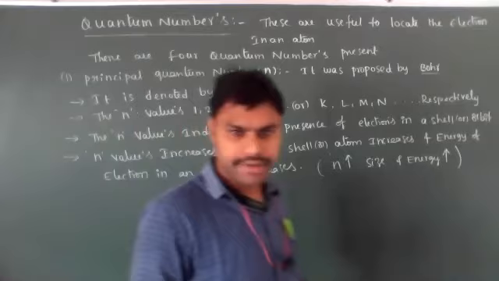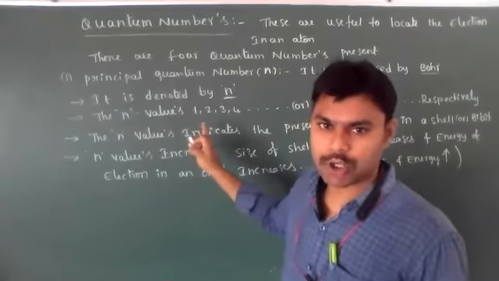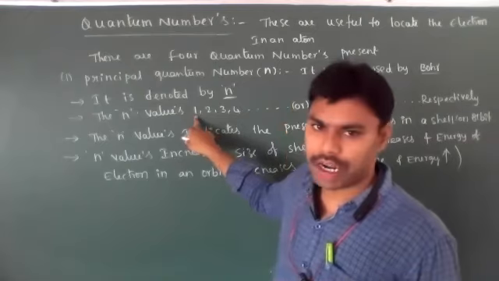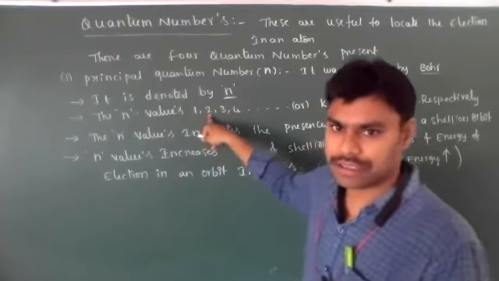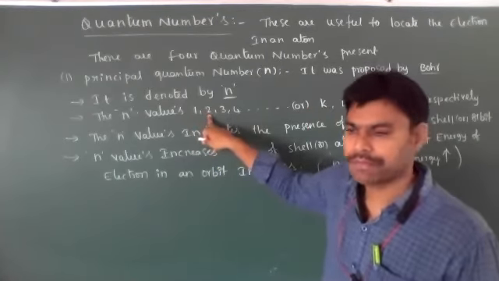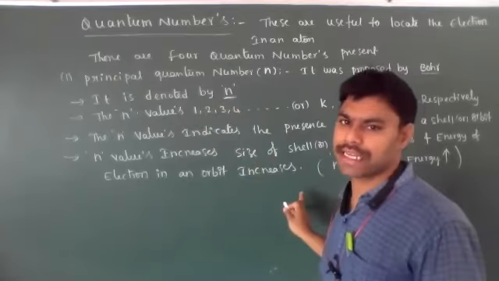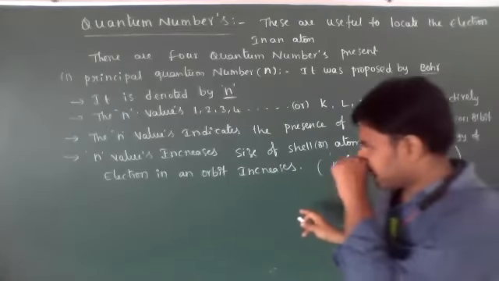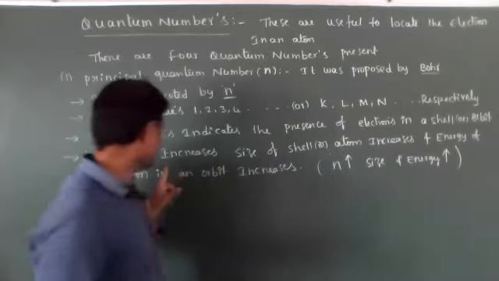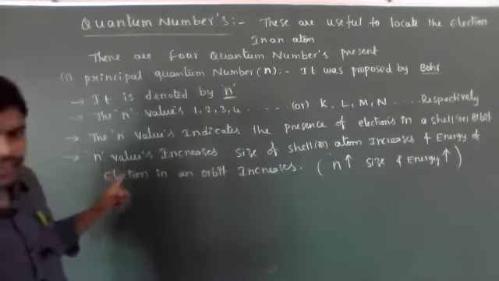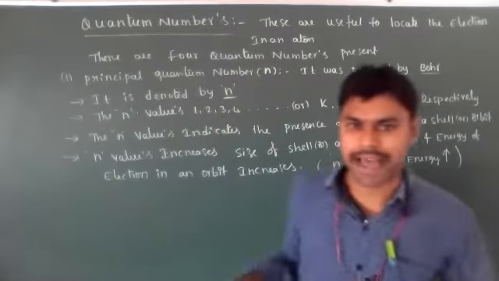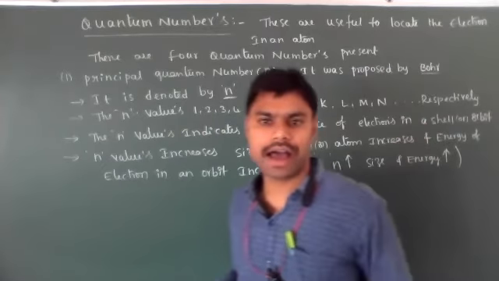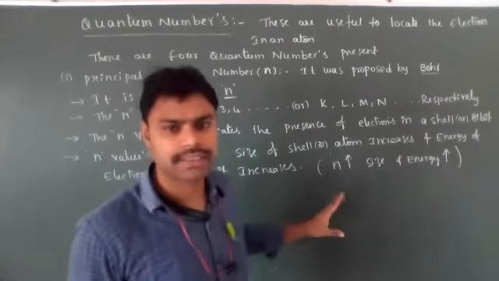When the n value goes from 1 to 2, the electrons or atom with n equal to 2 have more energy and more size. The n value mainly explains the size of the atom and the energy of electrons in an atom.